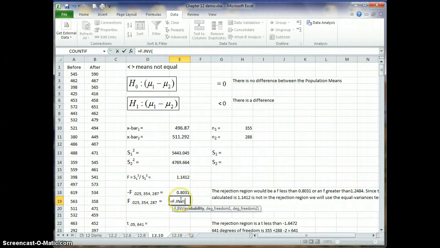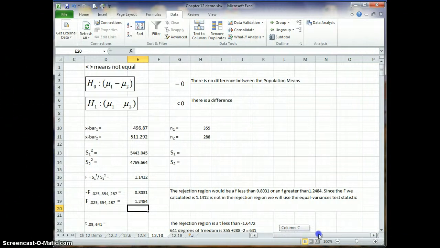We can do the same thing for the after sample. The probability is 1 minus 0.025. Degrees of freedom 354 and 287, which gives us 1.2484.